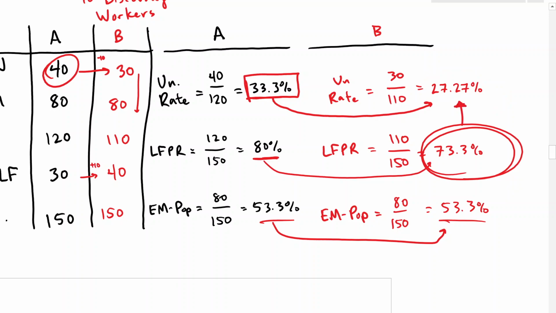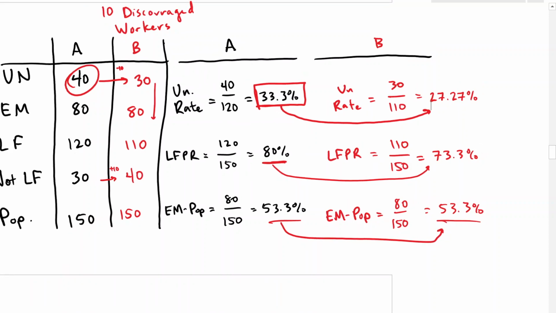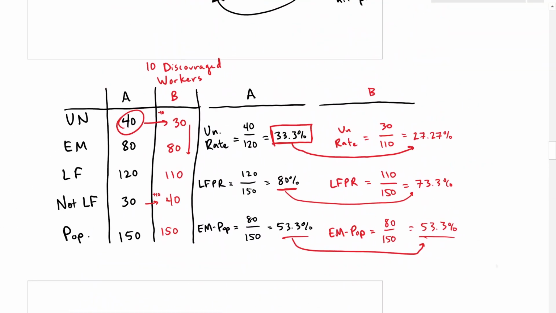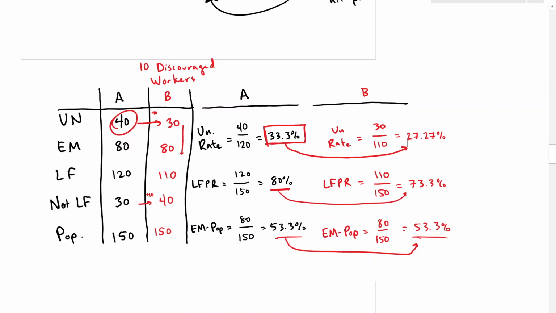So actually, this decrease in the unemployment rate is probably reflective of some type of discouraged workers, or possibly changing demographics through an aging population. But in this case, it's discouraged workers. Okay, so again, I just wanted to show an extra small example about why we should care about more than just the unemployment rate, and it's primarily for this reason. Hopefully getting a little practice making those calculations was helpful.